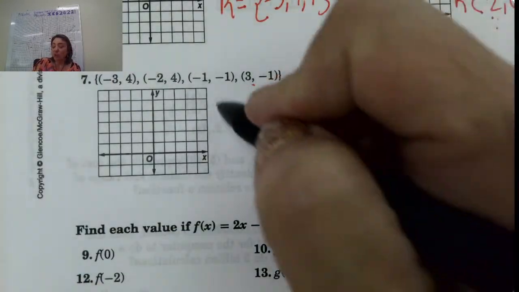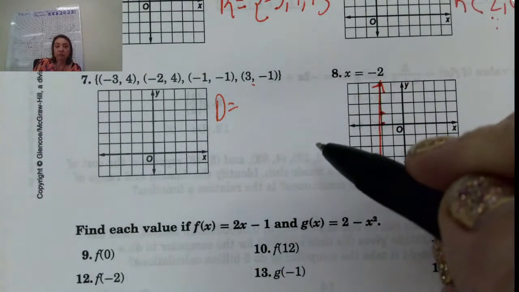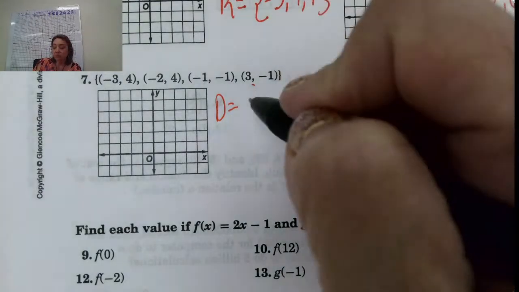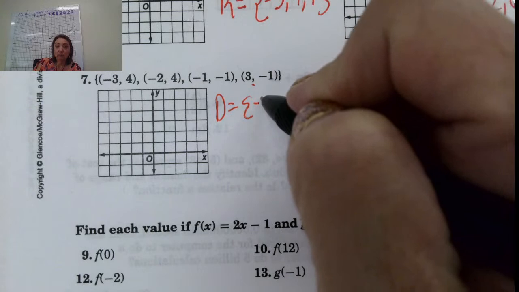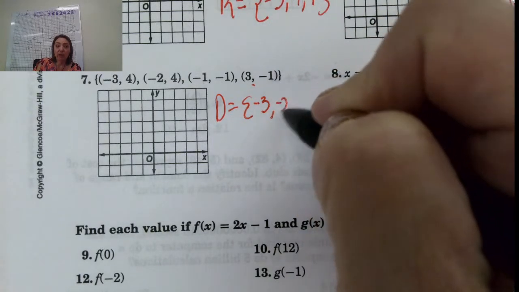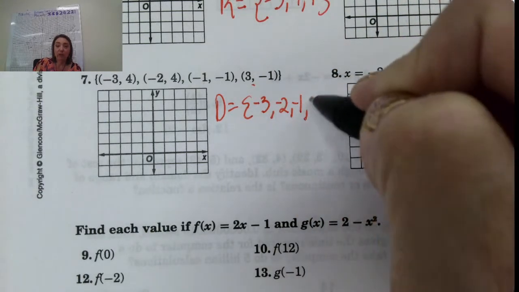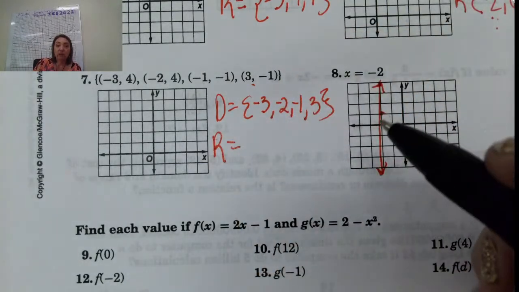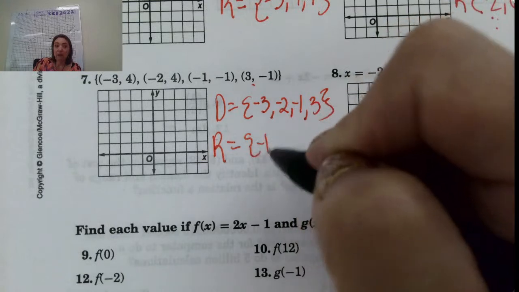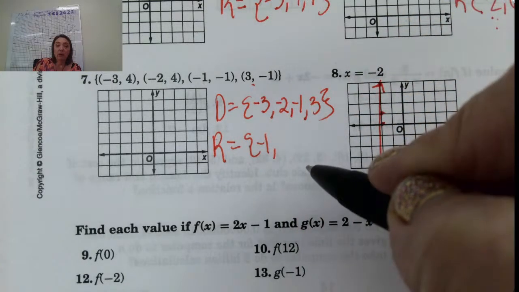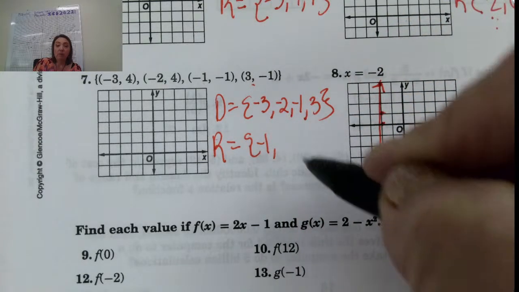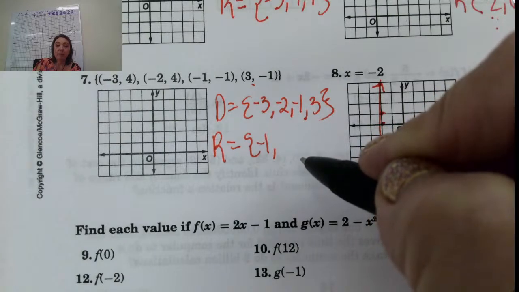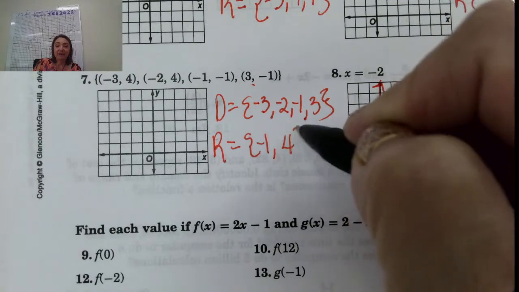Okay. What about this one? What is our domain for this one? -3, -2, -1, and 3. What's our range? No, it's -1, 4, 4. -1 and 4.